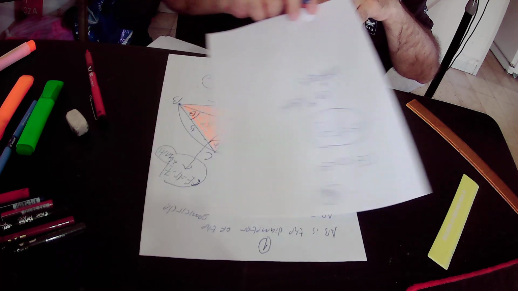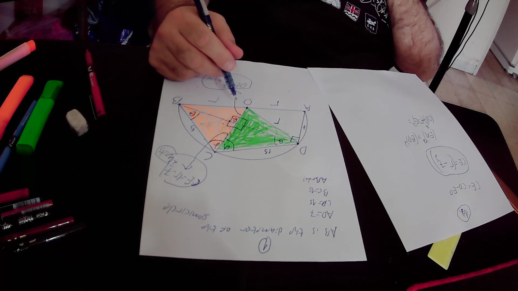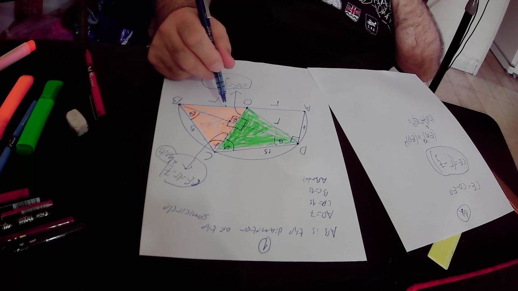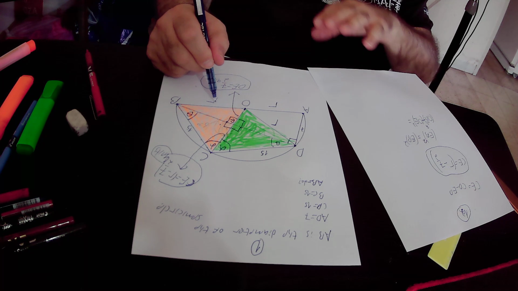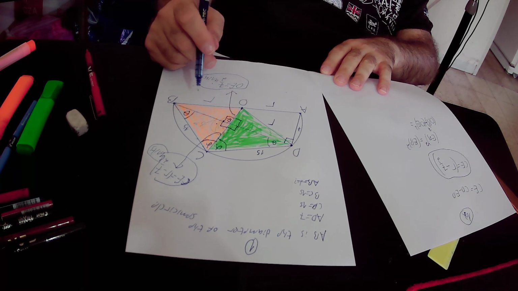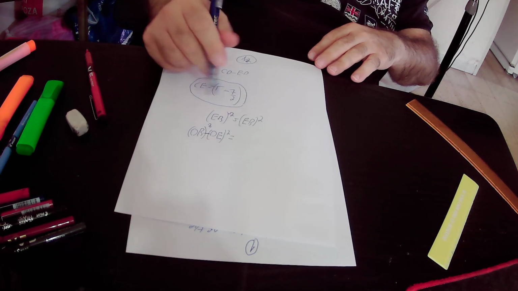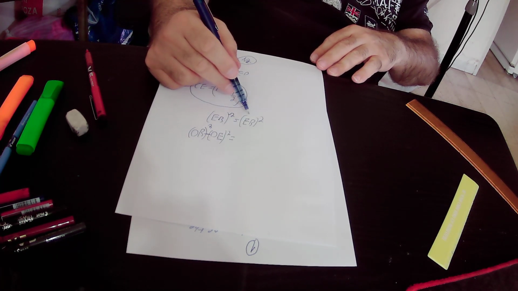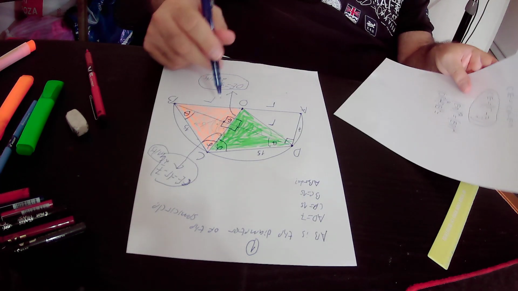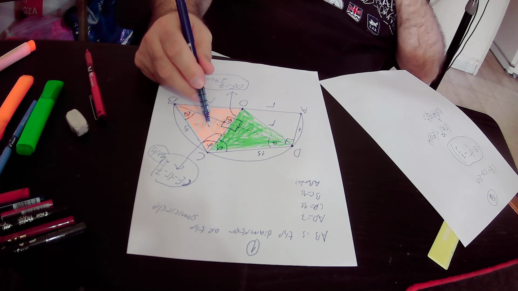Again, EB squared relates to this triangle. EB squared in this right triangle equals OB squared minus OE squared. We have the second EB squared in this equality, and the second EB squared will relate to this right triangle.